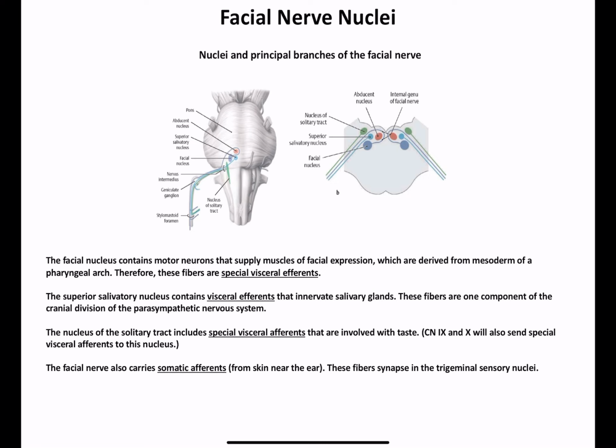You need to remember that pain and temperature of the same area are collected by the trigeminal nerve. It's not facial and glossopharyngeal, and you need to bring that to the trigeminal nerve, not necessarily the other two.